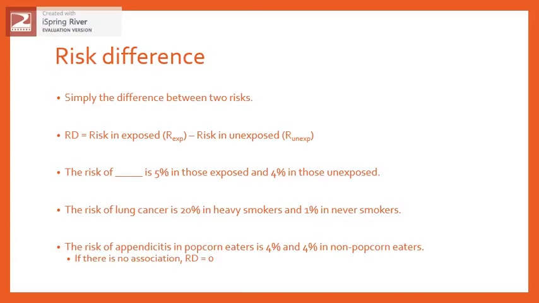For instance, say the risk of lung cancer is 20% in heavy smokers and 1% in never smokers. Well, then you could calculate the risk difference to be 20% minus 1%, so the risk difference is 19%. That's the difference in those exposed versus those never exposed.